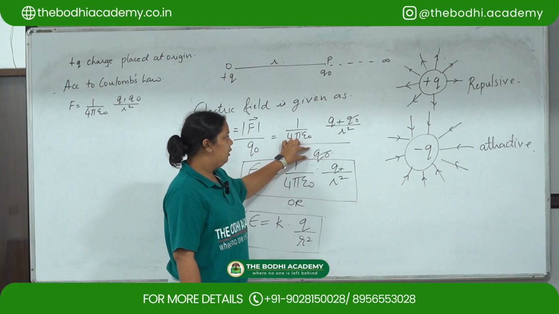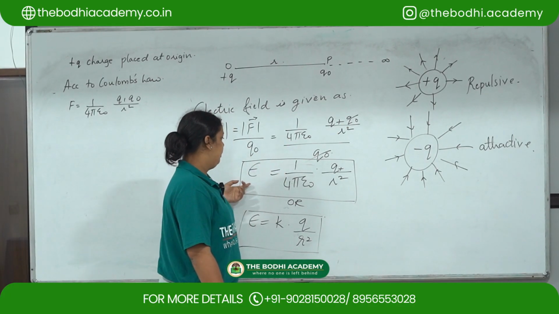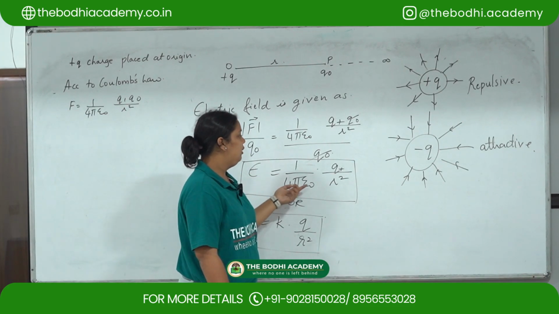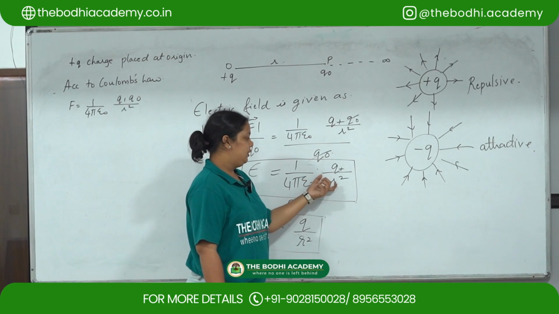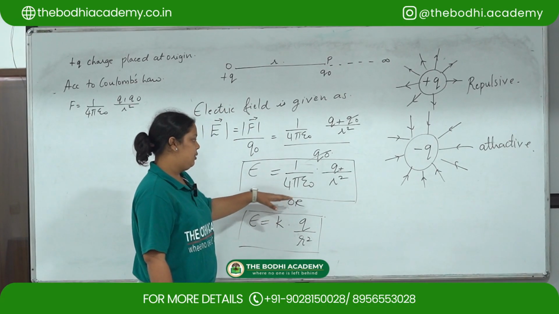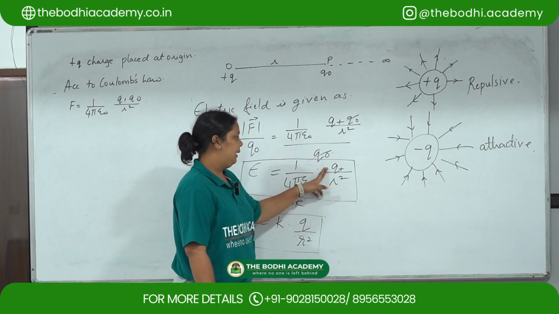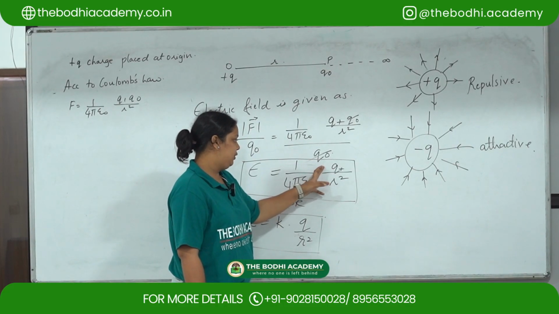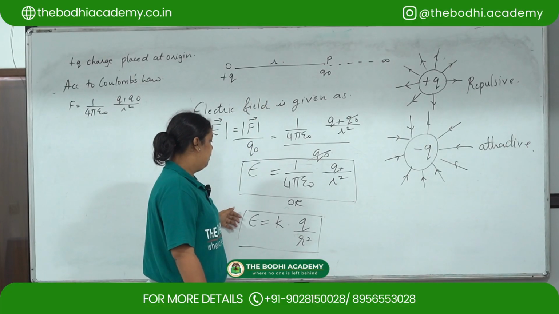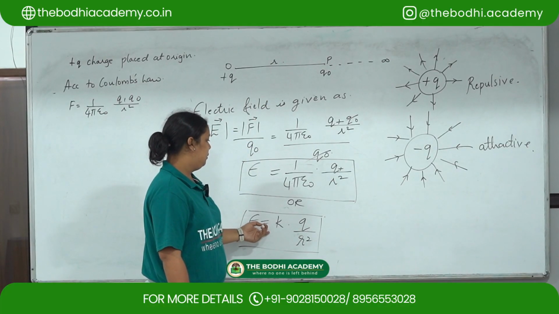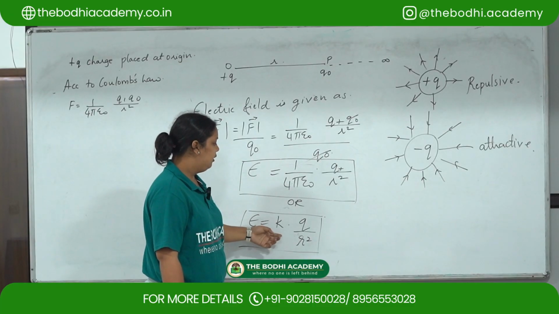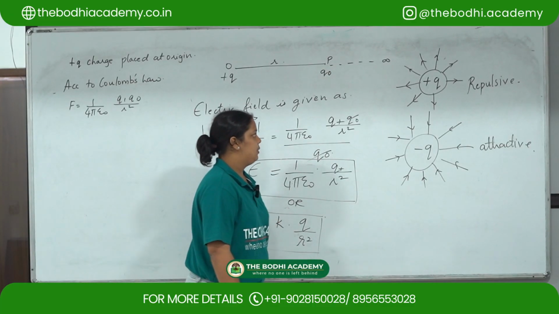So this Q naught will get cancelled, and E is equal to 1 upon 4 pi epsilon naught times the charge upon r square, or whichever charge you are taking into consideration, the magnitude of that charge will be placed here upon the square of the distance. So E is equal to 1 upon 4 pi epsilon naught, which can be written in the form of K Q upon r square.